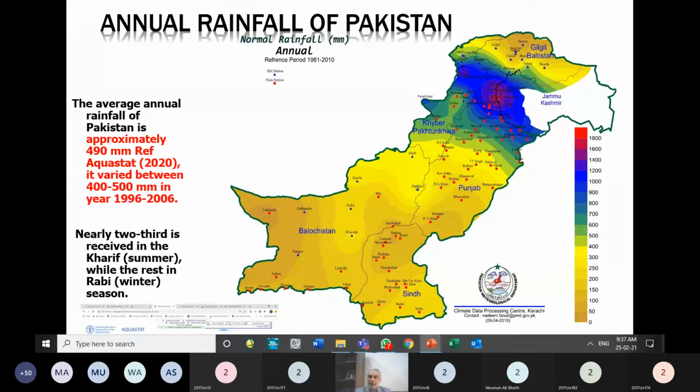Previously, cultivation was also there, but it used to happen only in the area close to the river, in the belt we call the floodplain area. In local language, we call it Kache ka ilaka. So agriculture used to happen in the floodplain area.